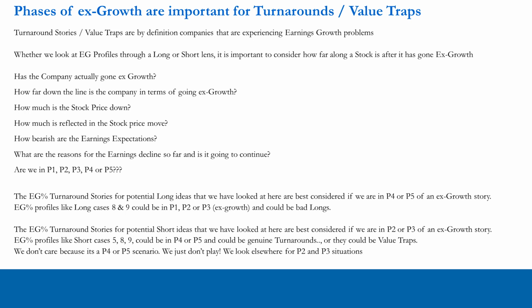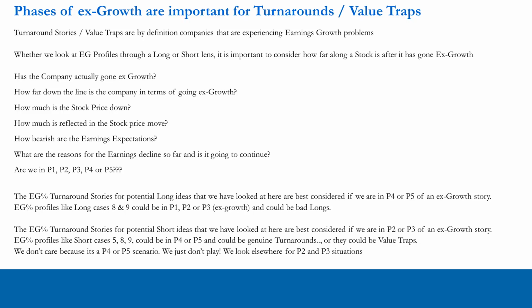We don't care because it's a phase 4 or phase 5 scenario. We just choose not to play. So we look elsewhere, maybe in the same sector or maybe in other sectors. We look elsewhere for phase 2 and phase 3 situations, and we choose not to play. We are going to optimize better somewhere else with a short position.